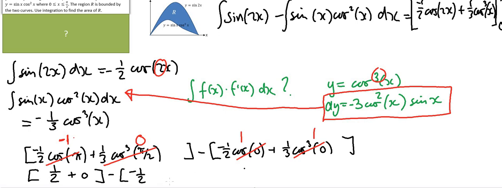And I've got 1/3 times 1, so I've got 1/3. Then that means I've got a half minus negative a half, so plus a half. And then I'm taking away a third. Well, 2 halves make a whole. Take away a third, 2/3. And that is our final answer.